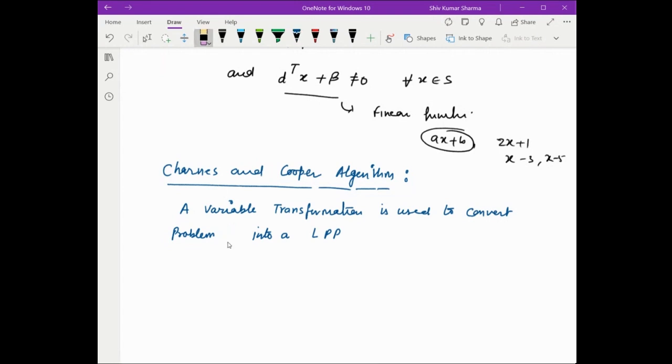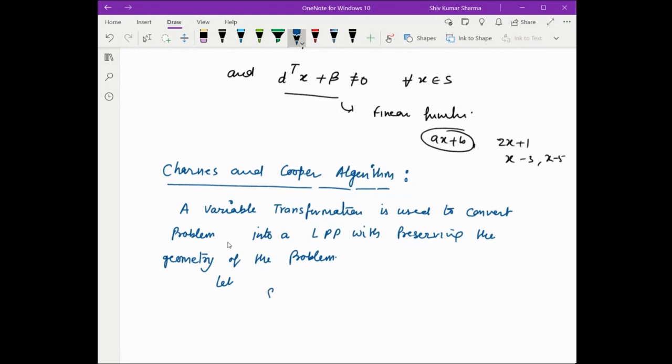That means when we solve a linear fractional programming problem, first we convert the linear fractional programming problem into a linear programming problem, preserving the geometry of the problem.